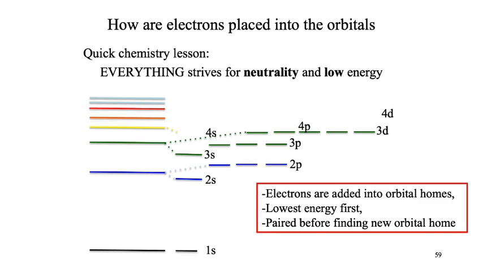Each orbital can hold 2 electrons. So going up to 21 electrons, 1, 2, 3, 4, 5, 6, 7, 8, 9, 10, 11, 12, 13, 14, 15, 16, 17, 18. Let me recount. 1, 2, 3, 4, 5, 6, 7.